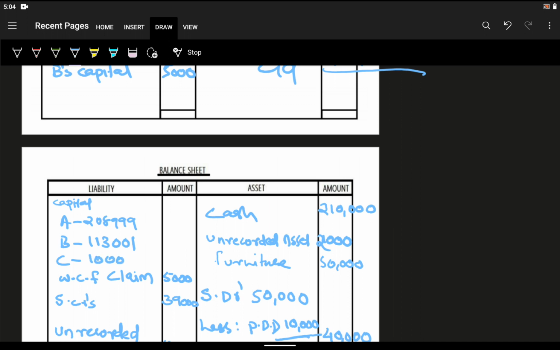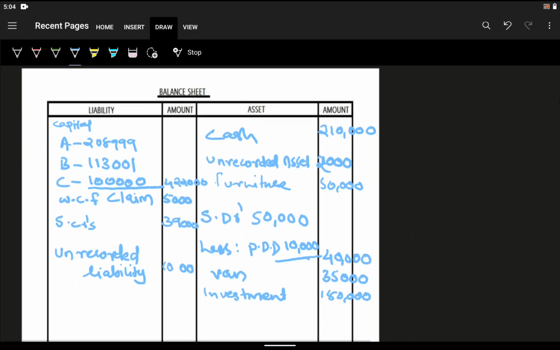So total will be, what is the total? Total will be 4,22,000. 4,22,000 is the total of the capital.